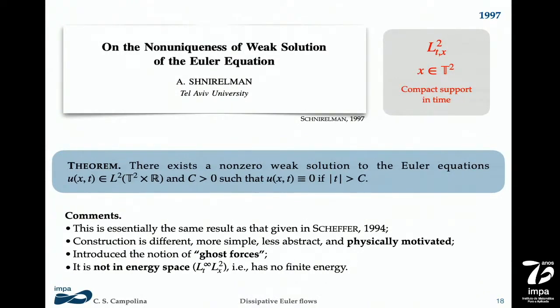And the solution has compact support in time. So the theorem is essentially that there exists a non-zero weak solution to the Euler equations in this class, and a certain constant T, such that u is equal to 0 away from the interval minus T to T. So it's essentially the same thing. You have nothing going on until the time minus T, and something non-trivial happens, and then everything becomes 0 again after some amount of time.